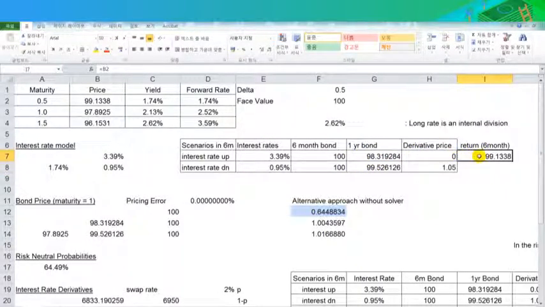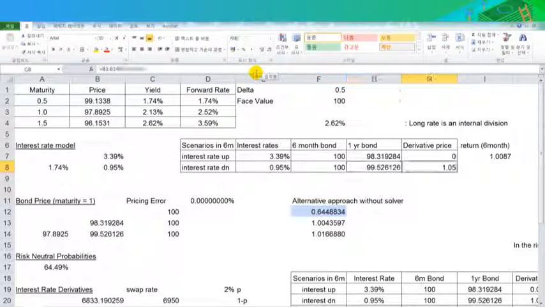So the return is 100 divided by B2 here. So the gross return is 1.0087, right?